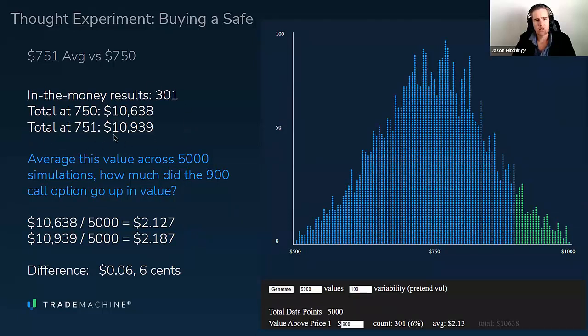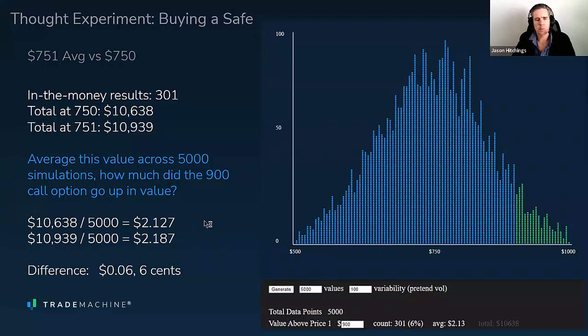Before I ask the computer, actually, let's average that out and say if we're expecting to go up $301, what does that look like out of 5,000 simulations? To get our full guess, we need to know not just the total but the average. And what we see is that out of 5,000 simulations, if we go up by 300 and some dollars, we're seeing 6 cents of additional expected value in the option.